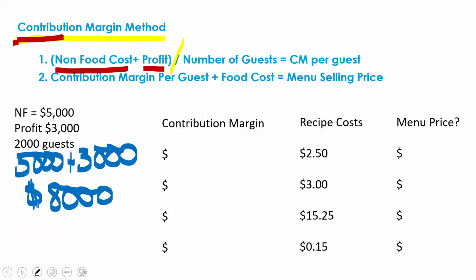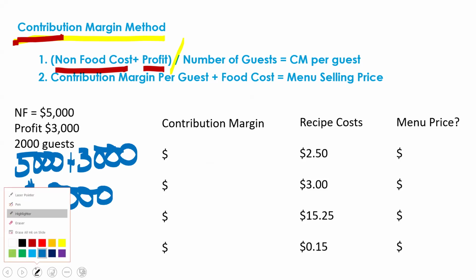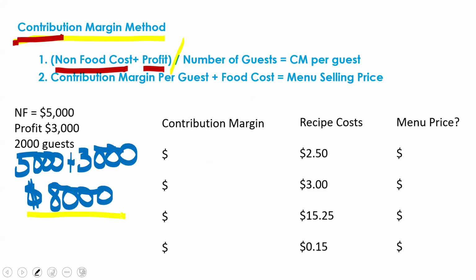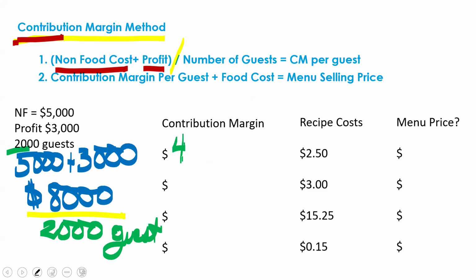Okay. Letter B says we want to do what? Divide by the number of guests. So in this case it is 2,000 guests. Okay. Divide by 2,000 guests. What's 8 divided by 2? $4. So our contribution margin is $4.